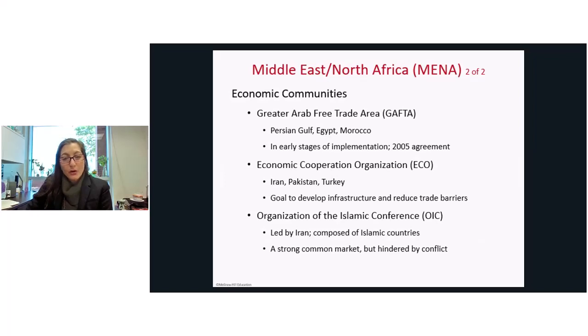Then we've got the Economic Cooperation Organization, which is comprising of Iran, Pakistan and Turkey. Their goal is to develop infrastructure and reduce trade barriers. And then the Organization of the Islamic Conference. This is led by Iran and it's composed of Islamic countries. This is a strong common market, but of course it's hindered by conflict.